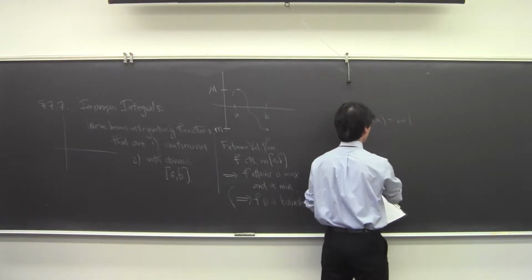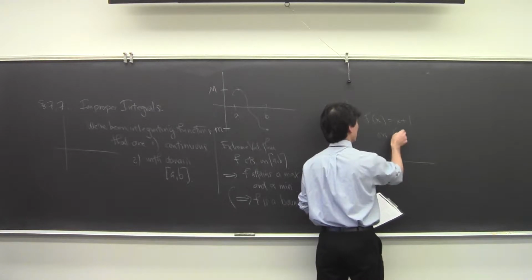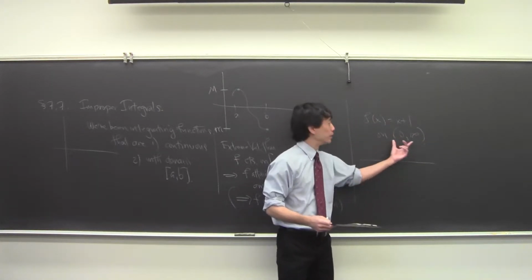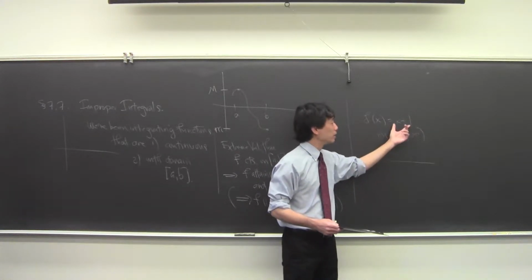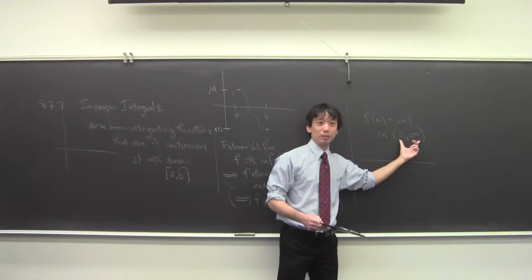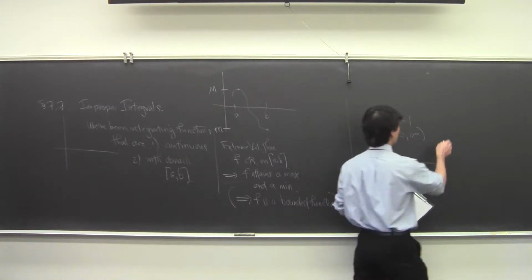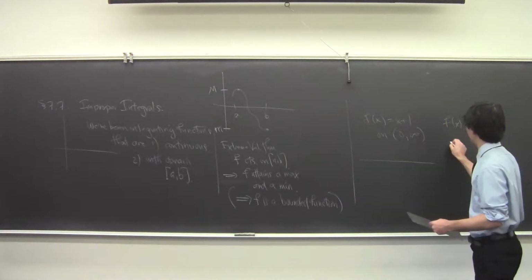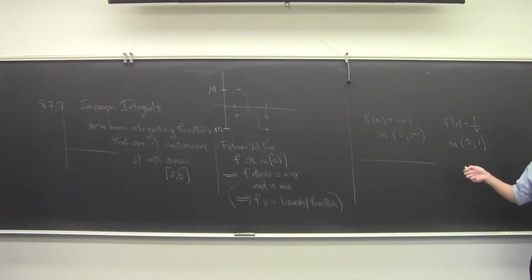That'll go off to infinity, as long as we're talking about, say, [0, infinity). On [0, infinity), this guy will go off to infinity. You see that it's continuous, but not on a closed and bounded set, and so it heads off towards infinity. Or if you look at a function like f of x equals 1 over x on (0, 1], that also goes off to infinity.